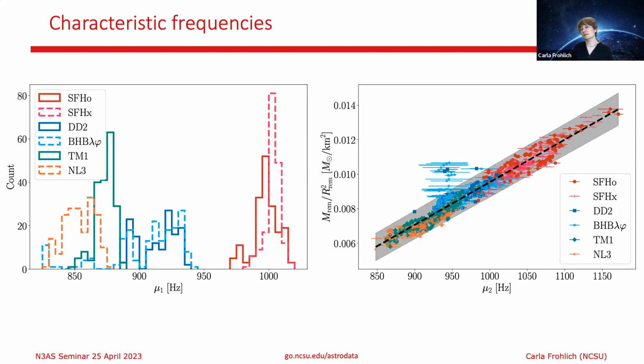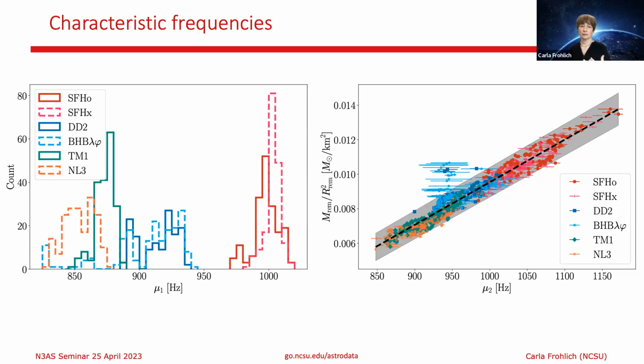So from this, we concluded that potentially if we have the frequency of the GW signal at early times, even if we don't know exactly at what time post-bounce this is from, maybe one can rule out or favor some equations of state, depending on whether that frequency is closer to 850 hertz or 1000 hertz.